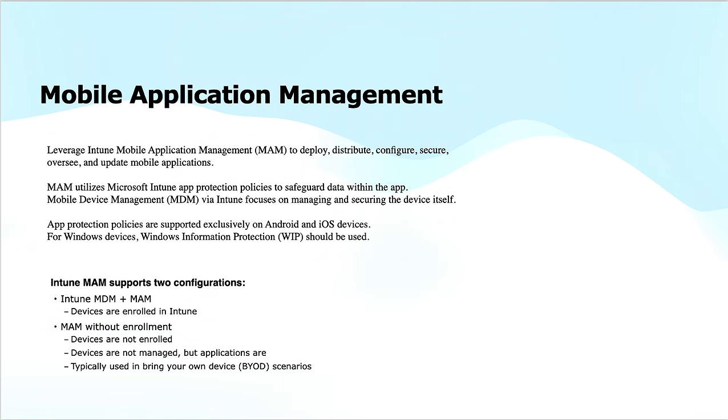Windows Information Protection is actually used for Windows devices, and Intune leverages Windows Information Protection instead of MAM for protecting these applications on Windows devices. WIP helps protect data in apps on Windows, like MAM does for Android and iOS. In short, mobile application management, MAM, is about securing applications and their data, while MDM secures and manages the whole device. For Windows, Windows Information Protection is used for app level protection.